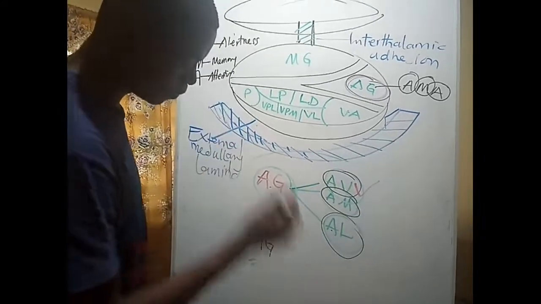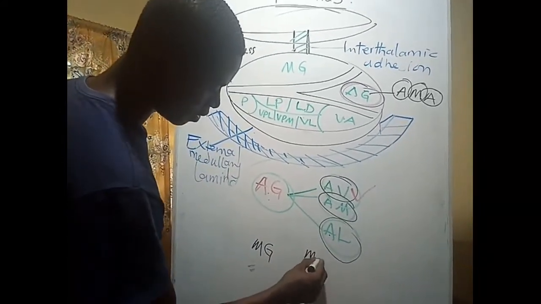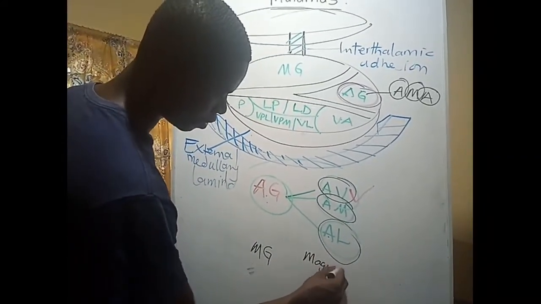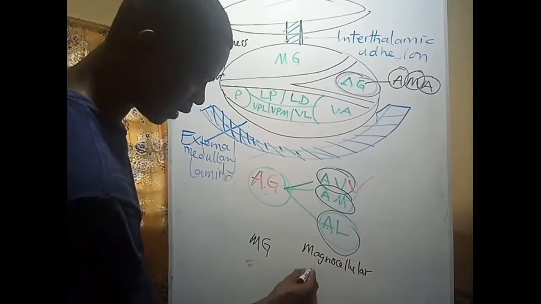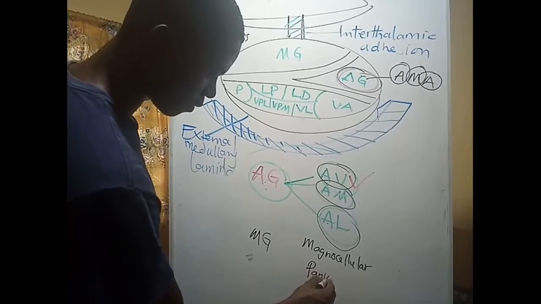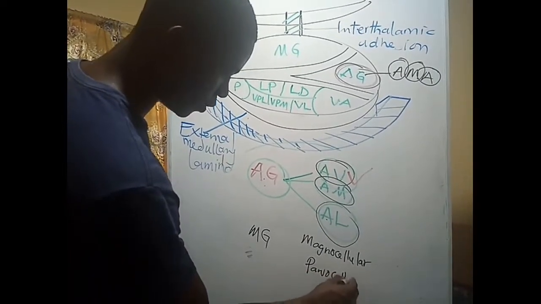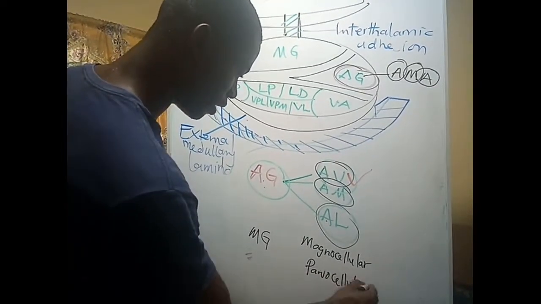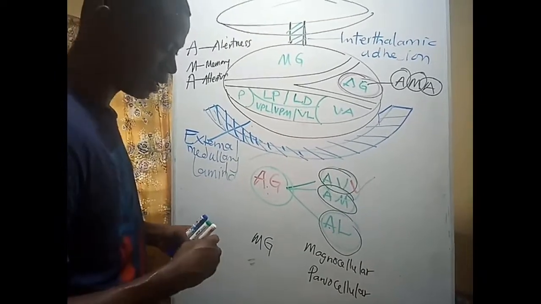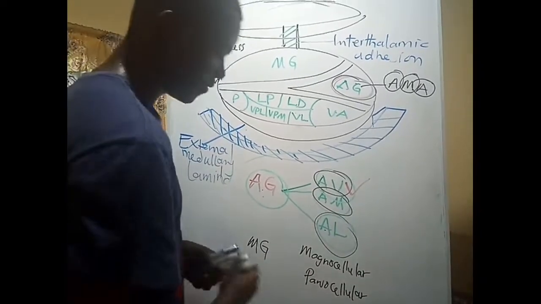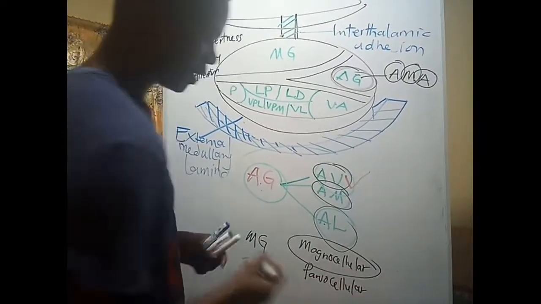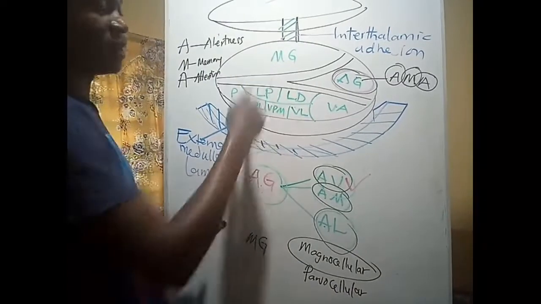We have the magnocellular and then we have the parvocellular nuclei. So the parvocellular is lateral and the largest. The magnocellular is medial and the smallest. Is that okay? So let's first take the magnocellular nuclei of the medial group.